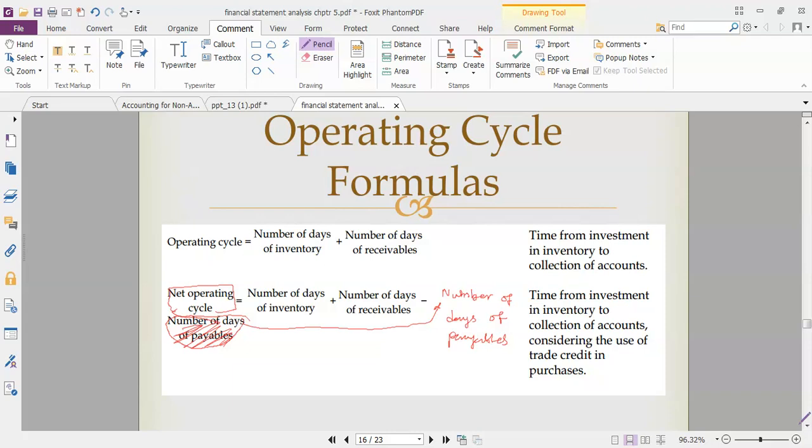It means that we purchase the goods on credit. On credit means that we owe to the supplier. So that is the net operating cycle.